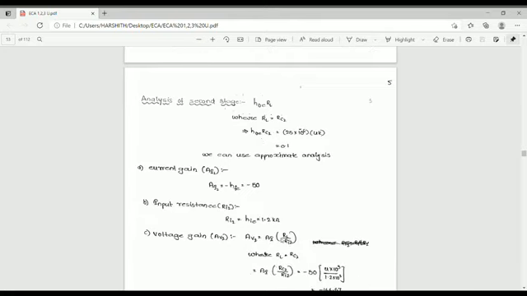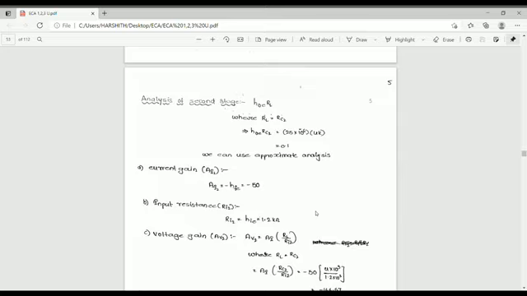So AV2 equals AI2 into RL by RI2. RL value is known, AI2 also known. AI2 is minus 50, RL is 4K, so 4 into 10 power 3 by RI2 value, 1.2 into 10 power 3.